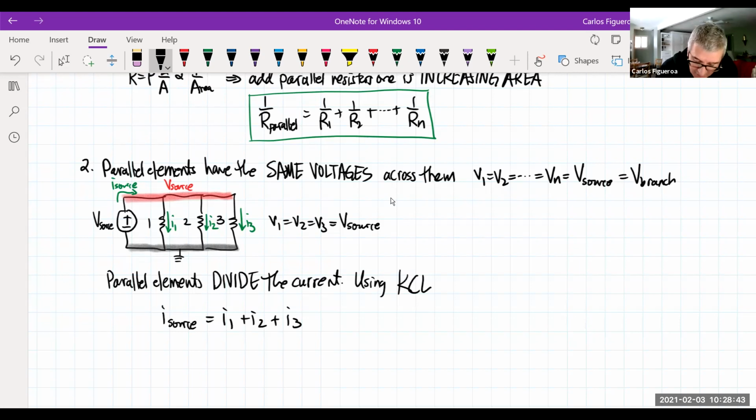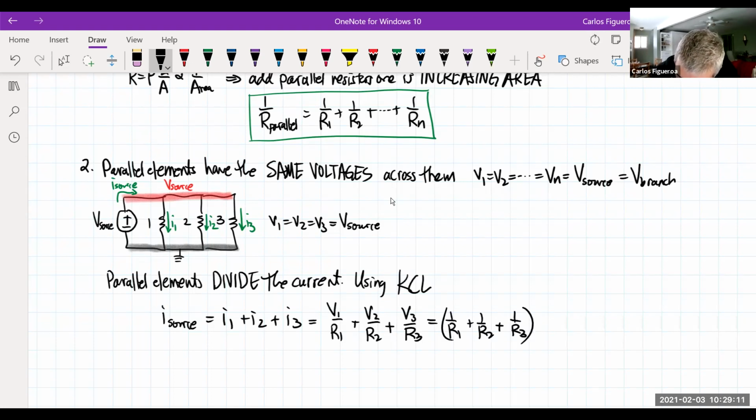But wait a minute, I know that each of these resistors has the same voltage. So I could do the following. I know that V1 over R1 is going to give me that, V2 over R2 and V3 over R3 are going to give me those. But since all of these voltages are the same, I can write it this way.